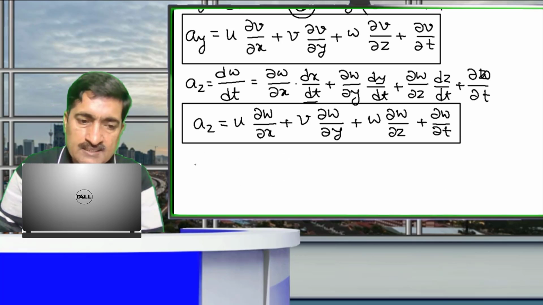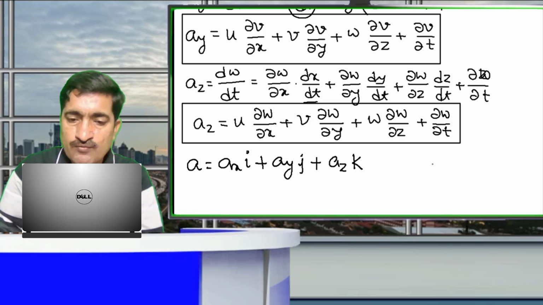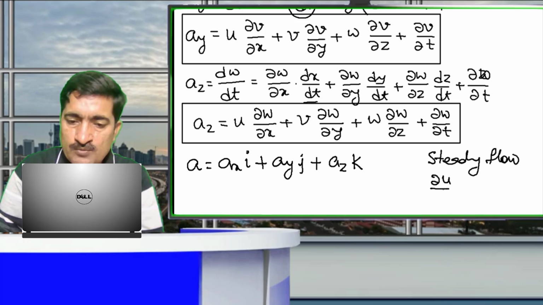Then the resultant acceleration a equal to ax i plus ay j plus az k. For steady flow, del u by del t is equal to 0, del v by del t equal to 0, and del w by del t equal to 0.